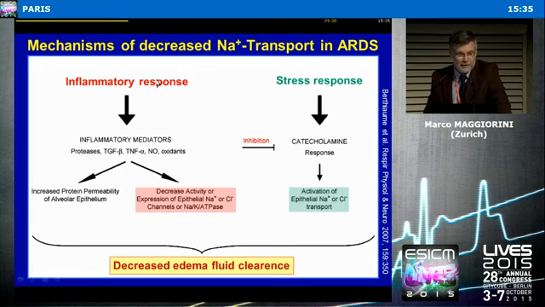So we have the inflammatory response, inflammatory mediators that decrease the epithelial transport of sodium, and we have a stress response, our catecholamines, that activate this sodium transport. And this is an important balance that we have to consider. There were studies trying to activate these sodium channels with beta-2 agonists, but unfortunately they were not successful for the treatment of ARDS.